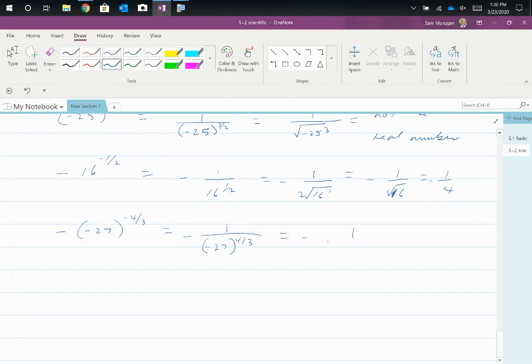Negative 1 over the third root of negative 27 to the power 4.